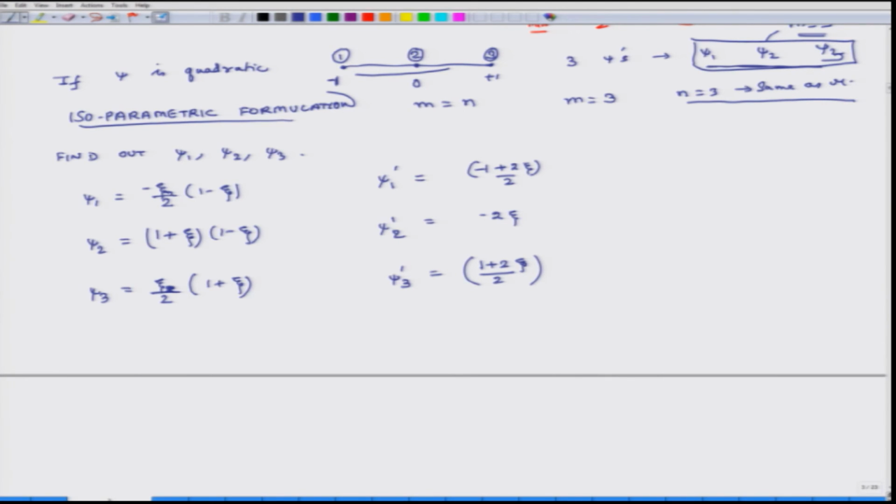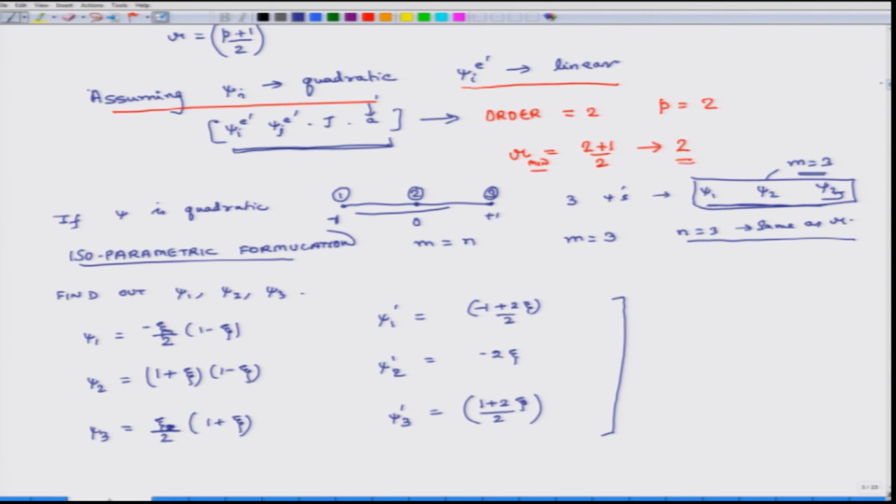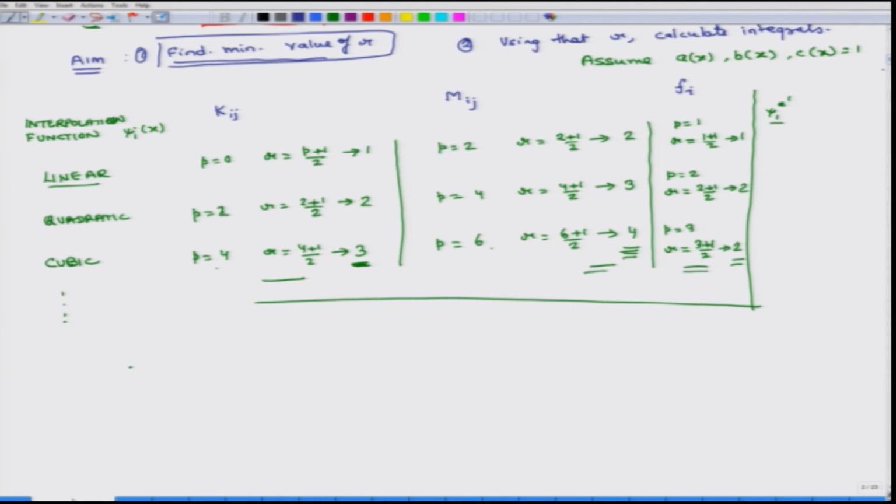So, these are the 3 derivatives, and now we have to use these derivatives to calculate f hat I j. I have to calculate this f hat I j at which points? At 3 quadrature points, which is zeta 1, zeta 2 and zeta 3. And those are not minus 1, 0 and 1. They are different values. We find those values from this table.